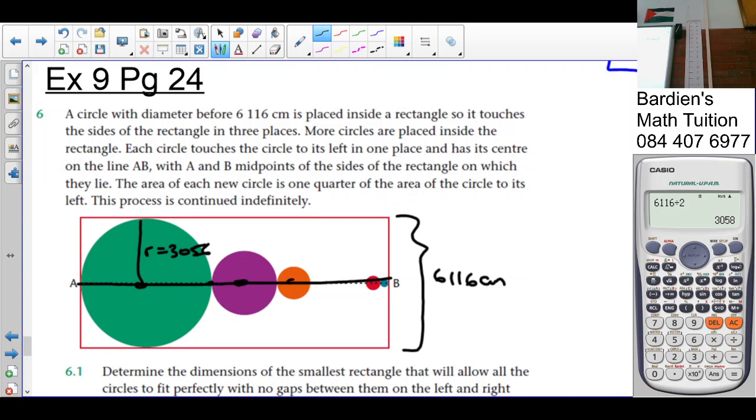So all the centers lie in line there. You all understand? With A and B the midpoints of the sides of the rectangle on which they lie.